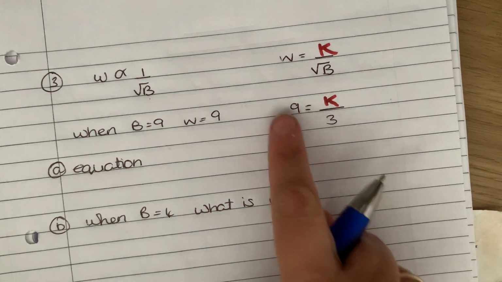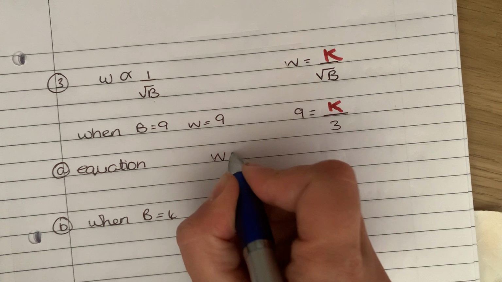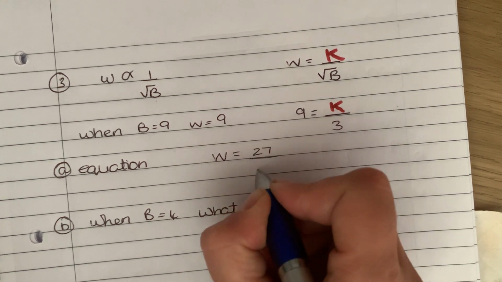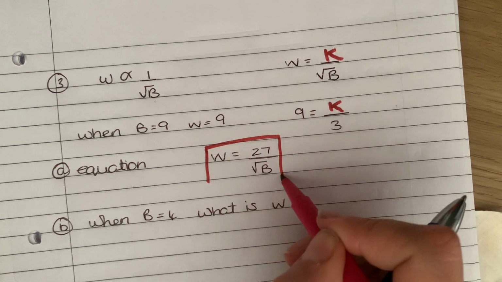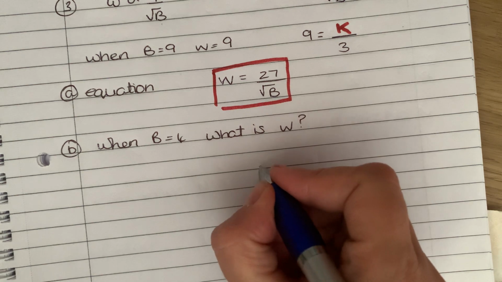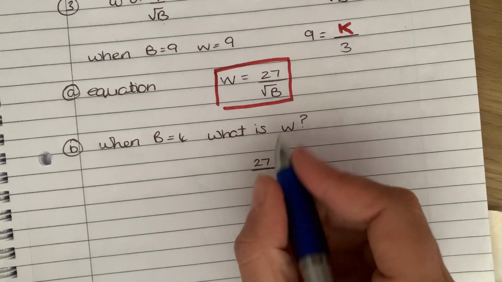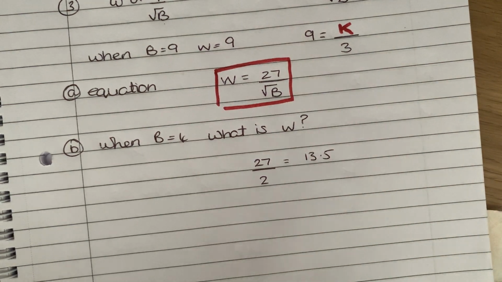So can you see here, 9 times 3 is 27, so the value of k is 27. So my equation will be w equals 27 over the square root of b. When b equals 4, so 27 over the square root of 4, which is 2, will be 13 and a half. Okay.